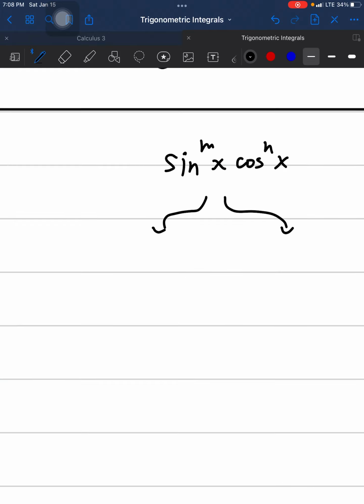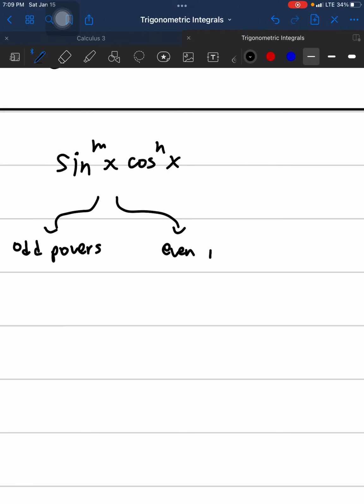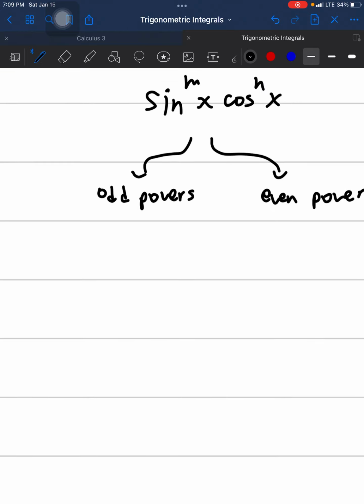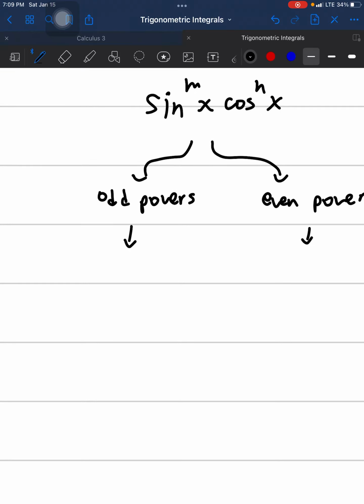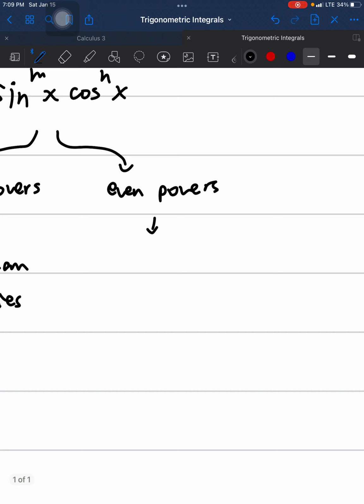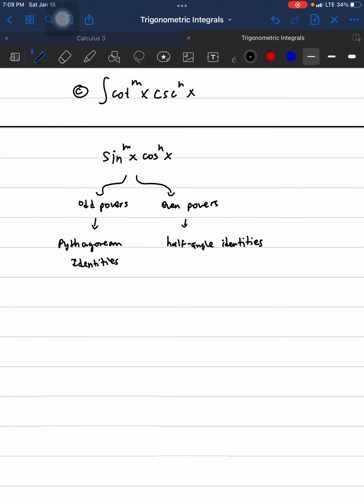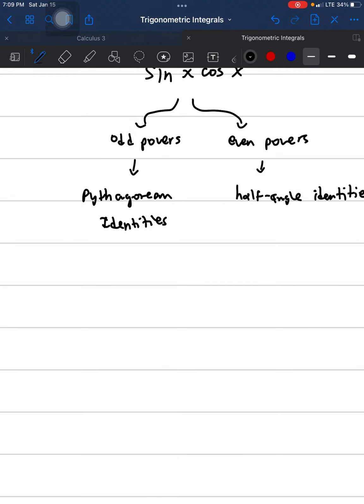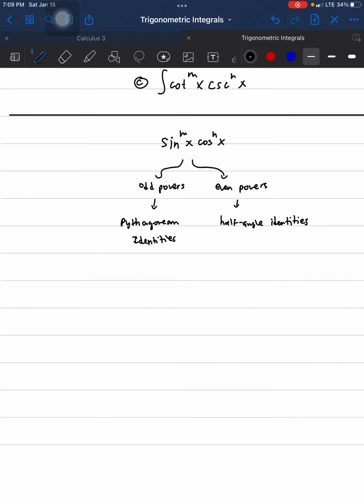Whenever we have odd powers, we use the Pythagorean identities. For even powers, we use the half angle identities. We're going to be substituting them in the integral so we can simplify it a little.